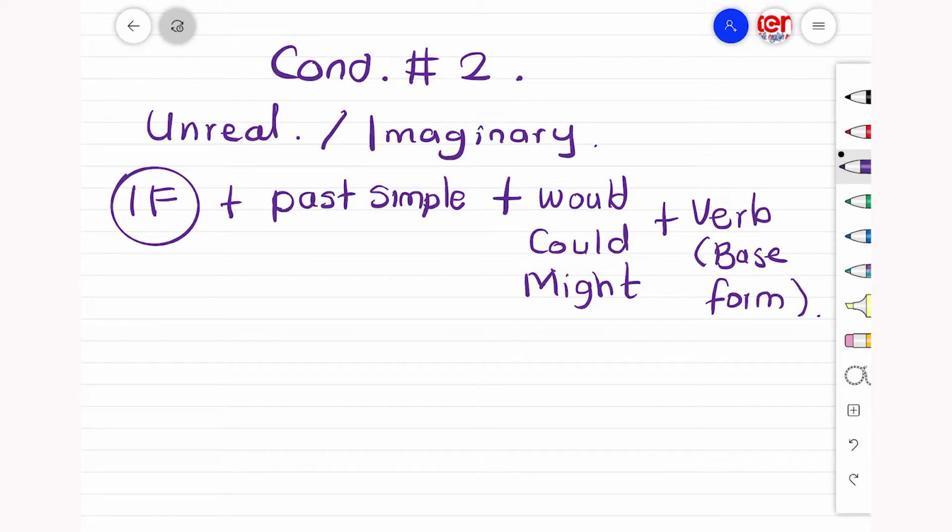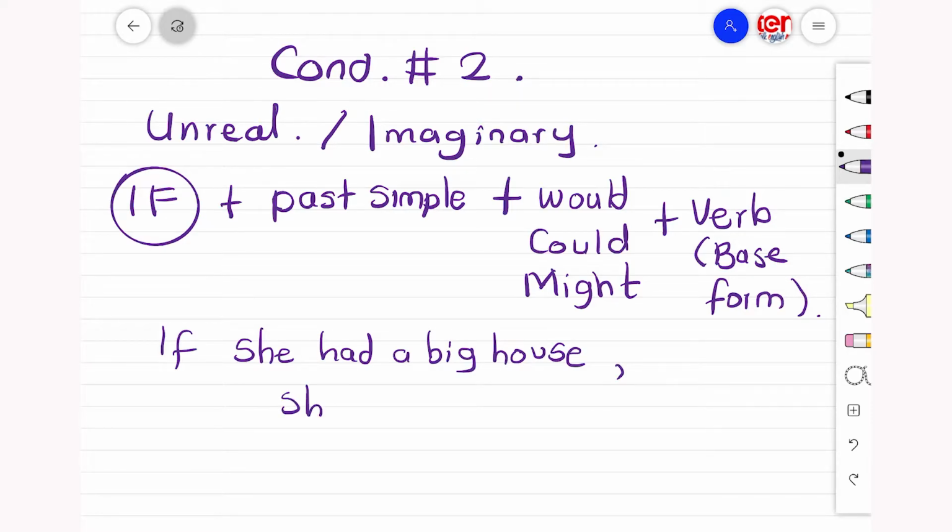Look at the example. If she had a big house, she would have a dog.